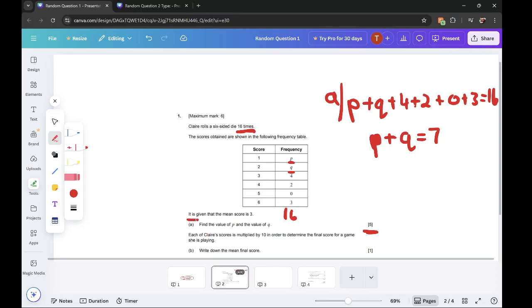Well, it is given that the mean score is 3. To find the mean score, we multiply each score by its frequency and then add them all together.